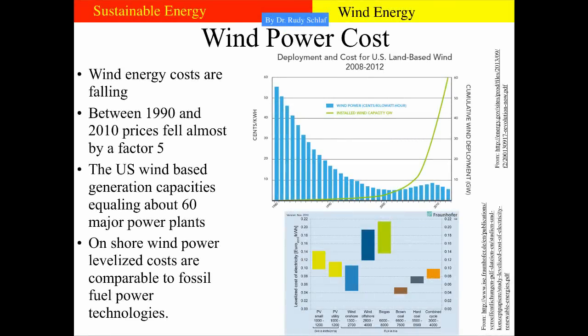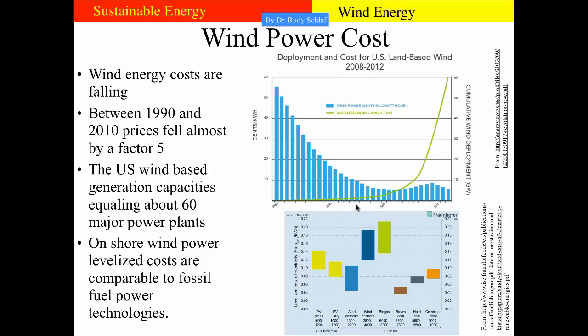These graphs investigate the cost of wind power. The graph on top shows the development of wind-based electricity in cents per kilowatt hour from 1980 to 2012. And it's pretty clear that over 30 years the costs fell significantly. One can say that the cost fell by about a factor 5 in this period.